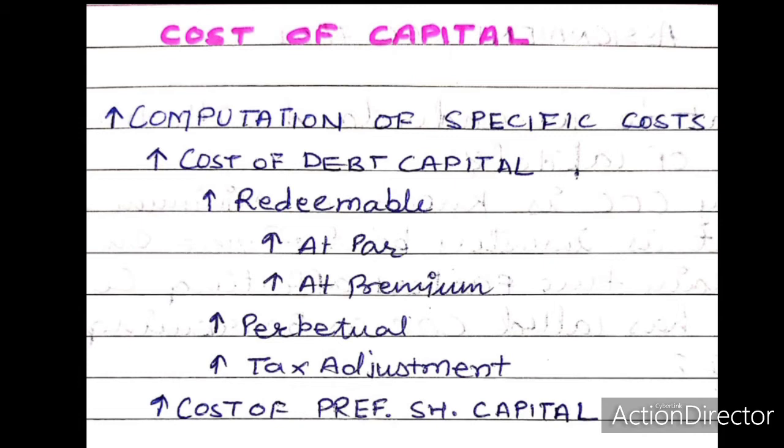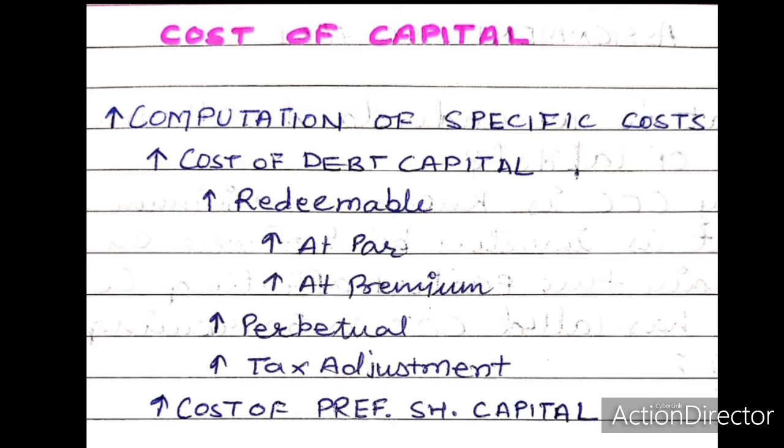The flotation costs are the cost of issuing debentures or obtaining the loans. These include the expenses such as printing and selling of prospectus, advertisement, stamp duty, underwriting commission and brokerage, postage, and others. These are generally expressed as percentage of face value.